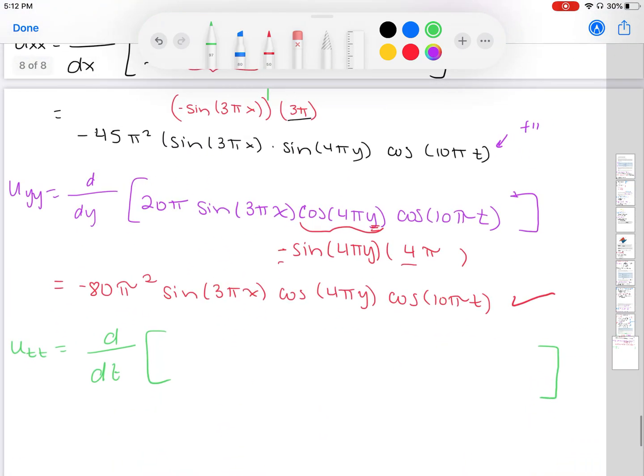So our first derivative is 5 sine of 3 pi x, not t, times sine of 4 pi y times cosine of 10 pi t.